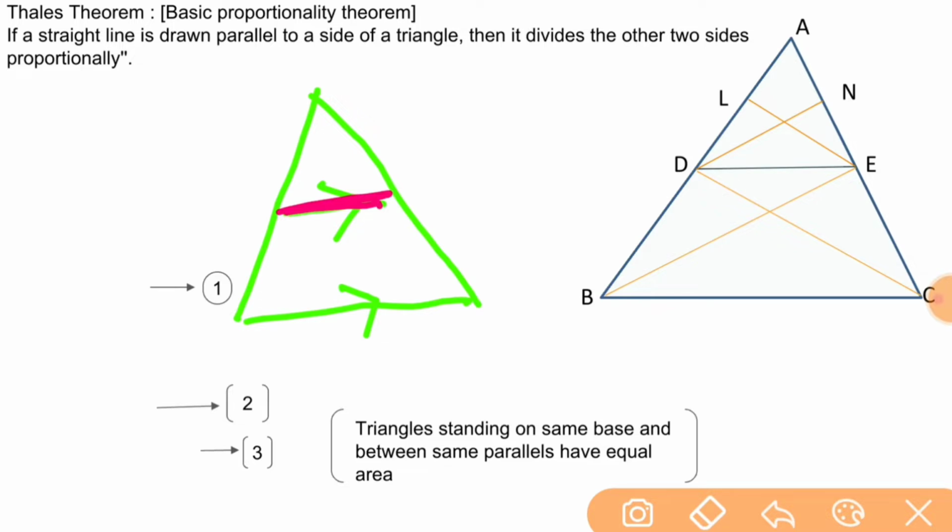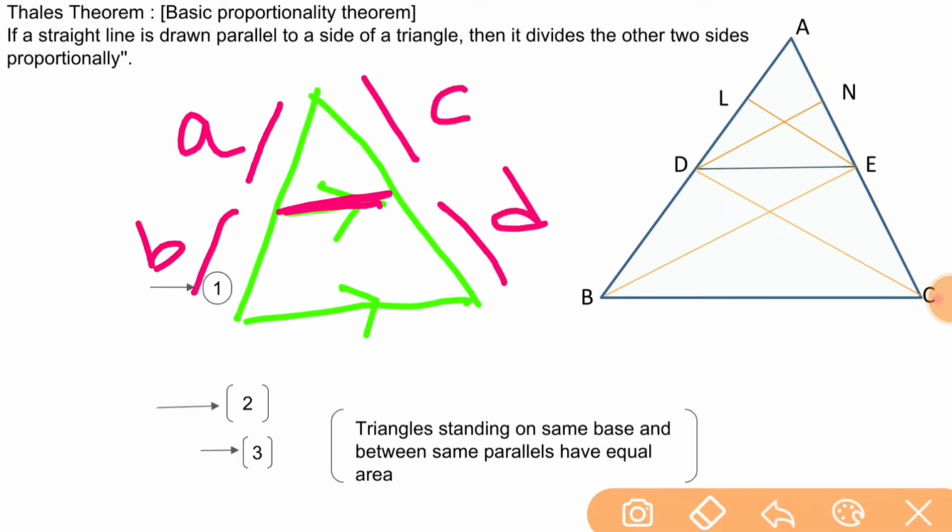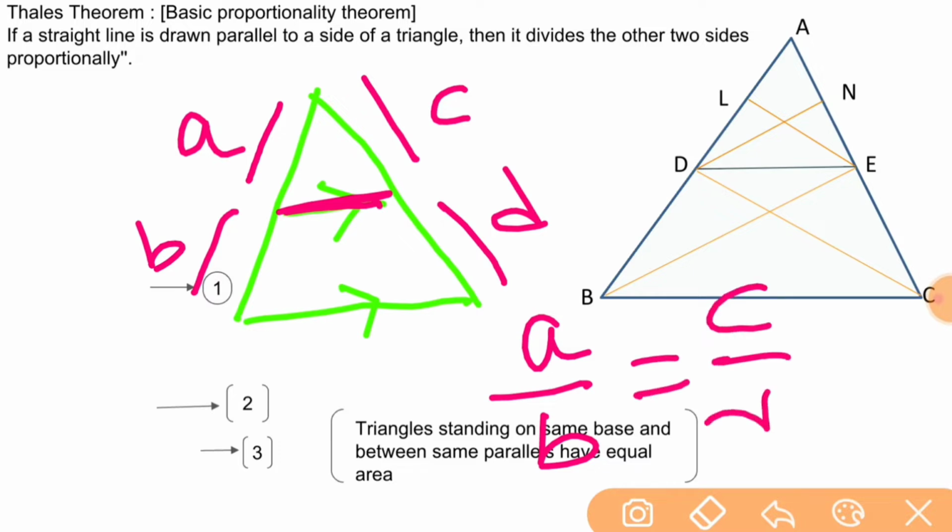Proportionally means, suppose the measure of this part is A, this part is B, this part is C, and this part is D. Then the ratio A by B will be equal to C by D. That's what he states in the Thales theorem.